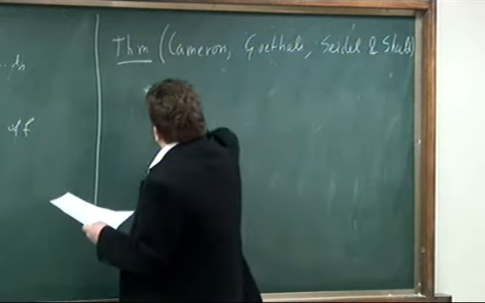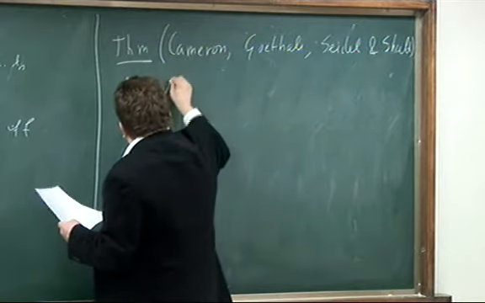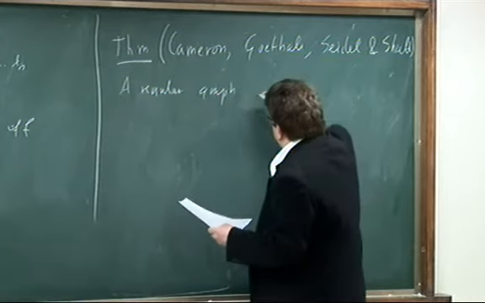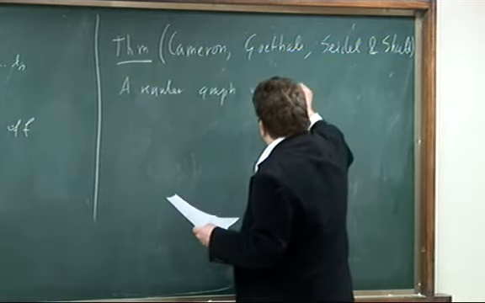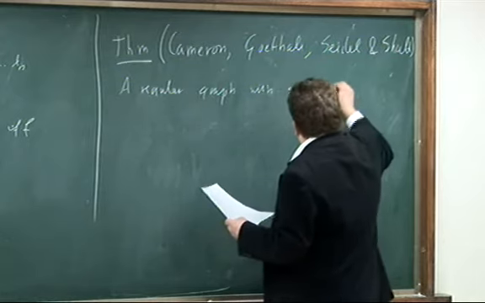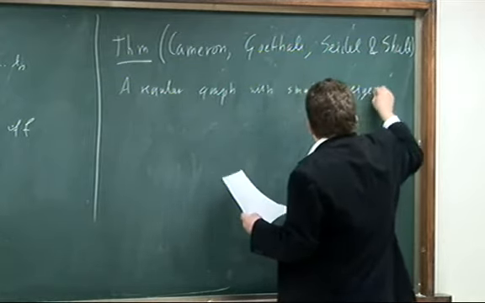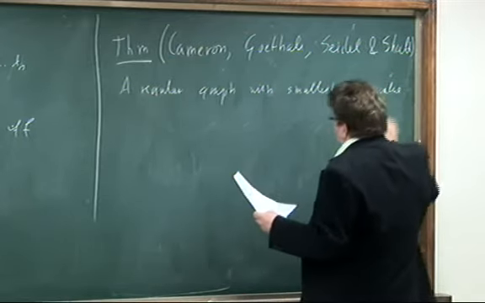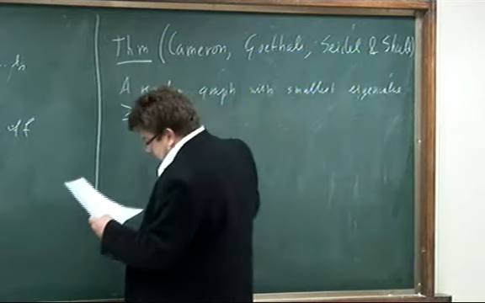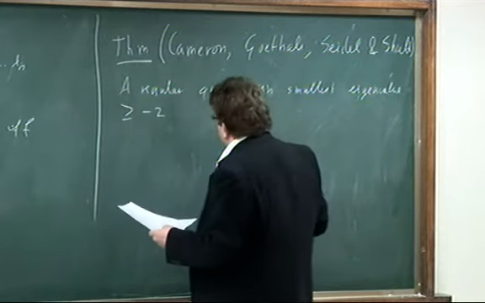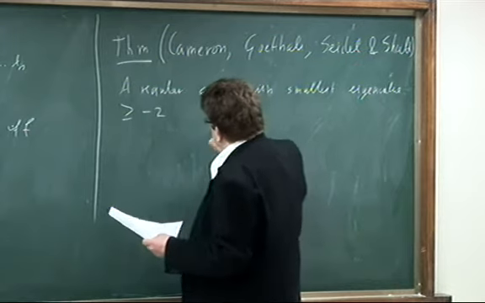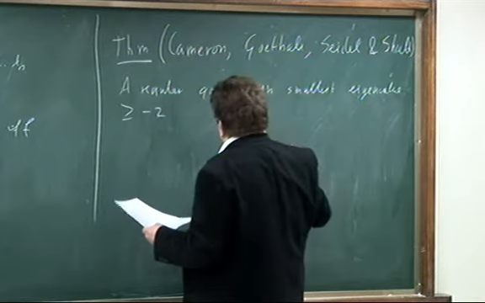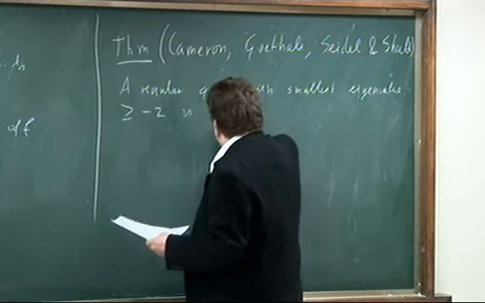What they showed is that a regular graph with smallest eigenvalue at least -2, I'm sorry, is either one of three cases.